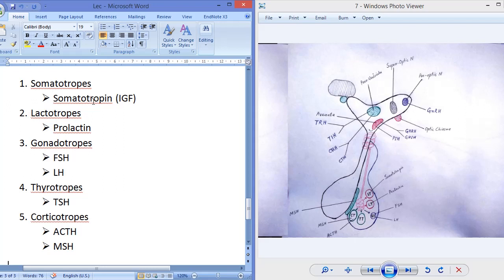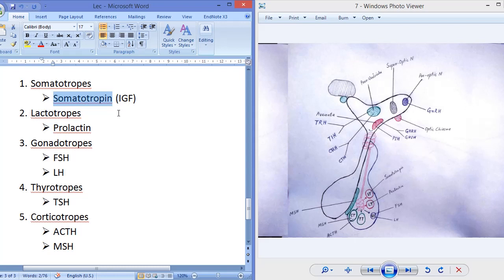Similarly, the somatotropin is responsible for the accumulation of protein. They make protein from amino acid, so it increases the absorption of amino acid, and it increases the release of fats and fatty acids.